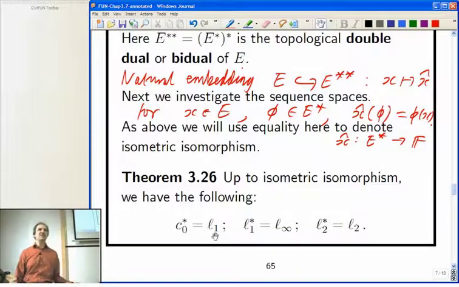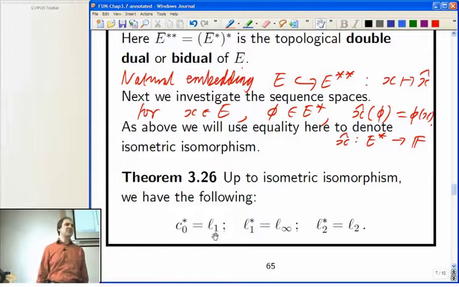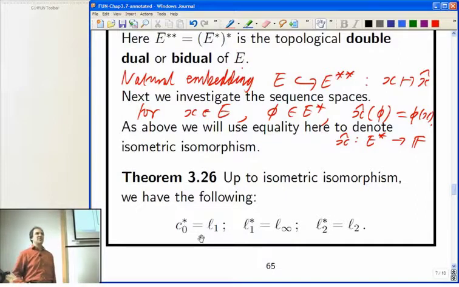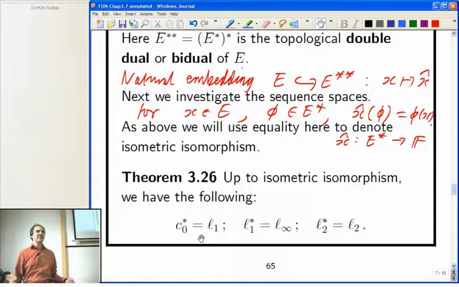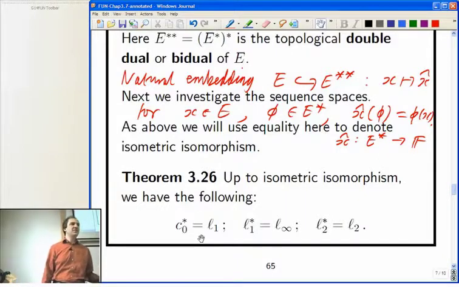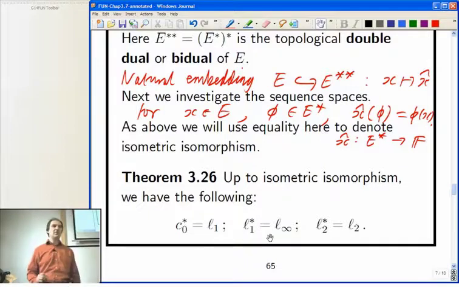And we'll see that this is an isometric linear isomorphism, and that you get all continuous linear functions on C0 that way. So this statement should be interpreted as saying, we will explain how to use elements of little L1 to give you linear functionals on C0, and this is an isometric copy of little L1, and you get every continuous linear functional on C0 that way. Then you do the same thing for L1 star being L infinity, but that's on the question sheet.